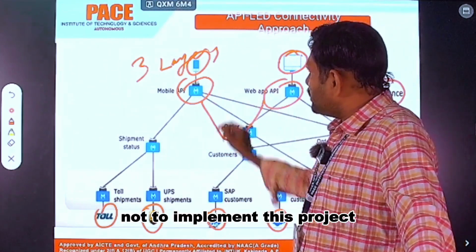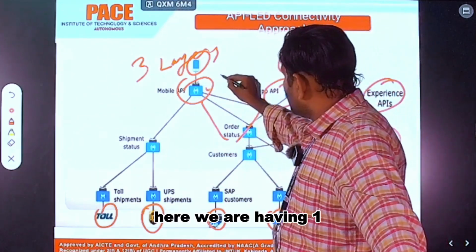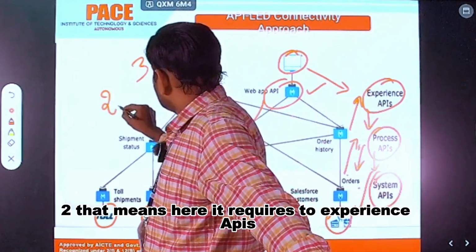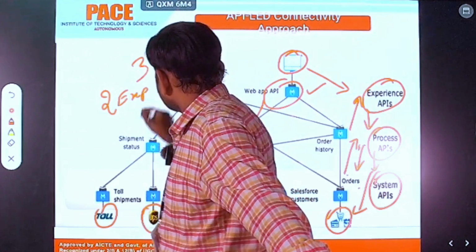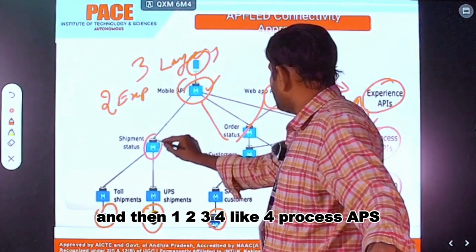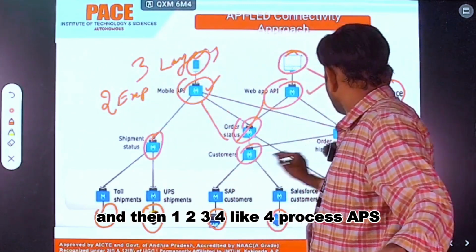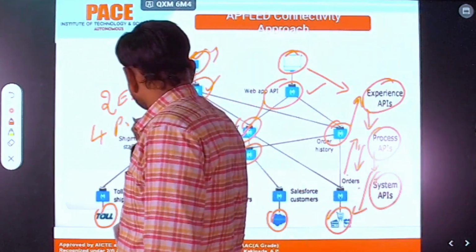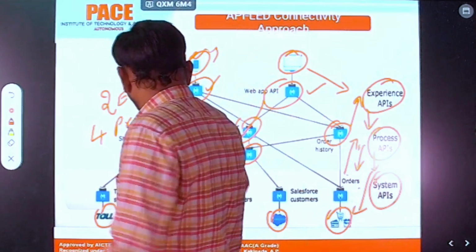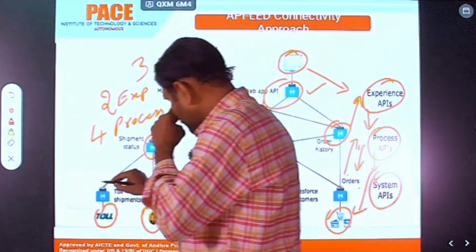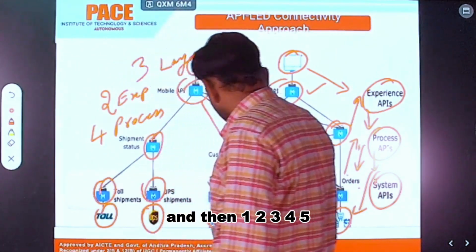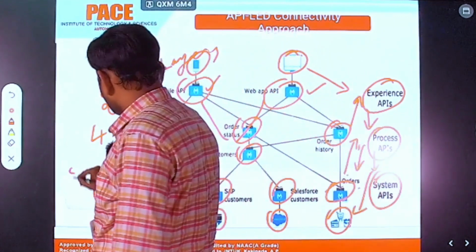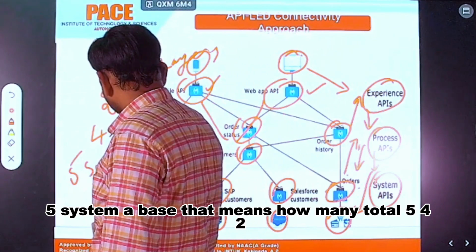Now to implement this project, we have 1, 2, that means it requires 2 experience APIs, then 1, 2, 3, 4 process APIs, and then 1, 2, 3, 4, 5 system APIs.